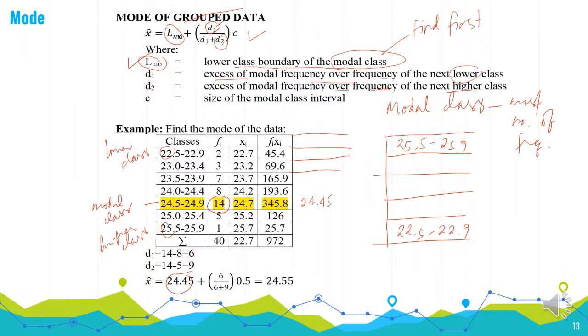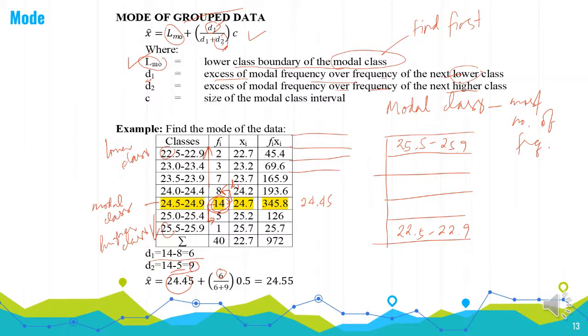D1, the lower class, is the one up here: 14 minus 8, which is 6. D2 is the frequency minus the next higher class: 14 minus 5, which is 9.